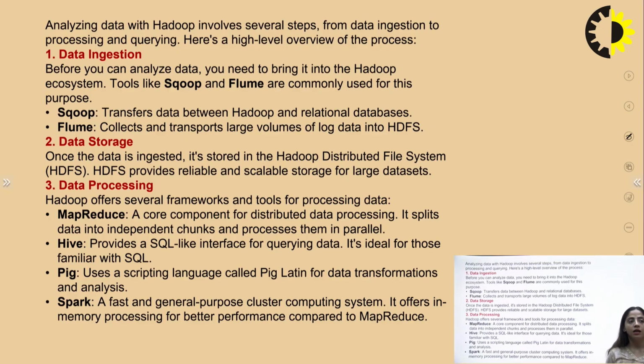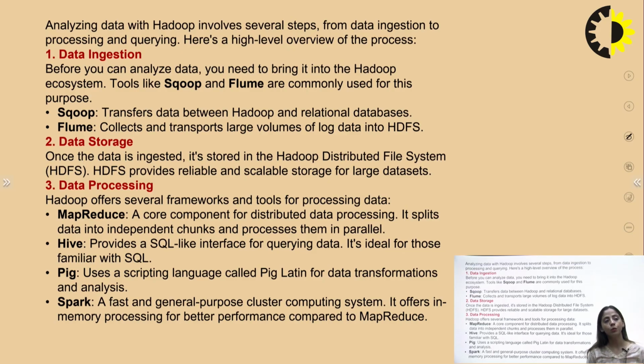Now, how do you analyze data with Hadoop? Analyzing data with Hadoop involves several steps, from data ingestion to processing and querying. Here is a high-level overview of the process. First one, data ingestion. Before you can analyze data, you need to bring it into the Hadoop ecosystem.